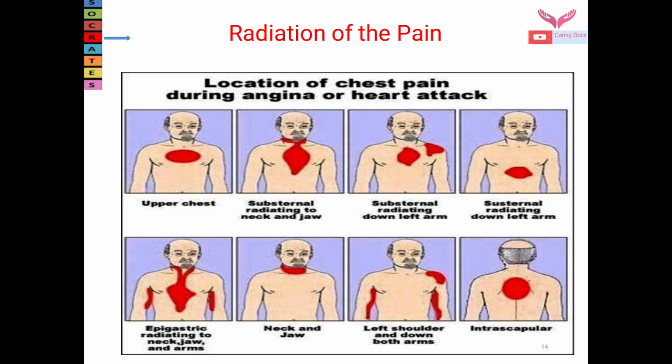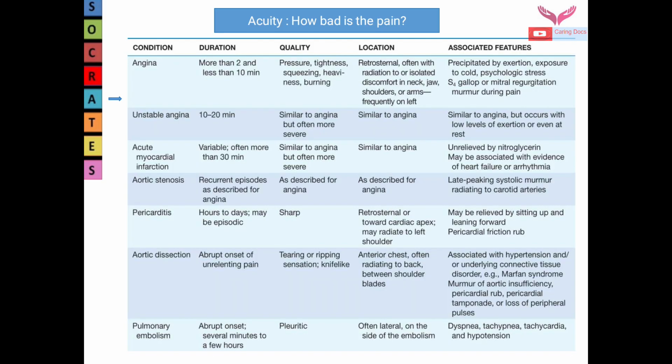We have to look whether the pain is radiating to the upper chest, neck and jaw, substernal region, left arm, epigastric region, both arms, inner aspect, left shoulder, or interscapular region. These are the various sites where the pain of the chest can radiate.